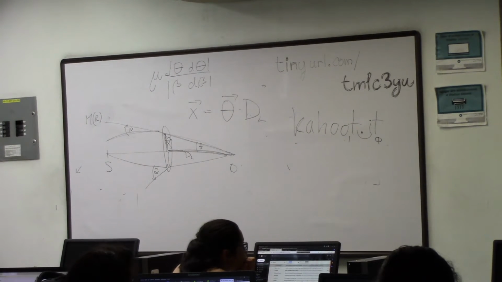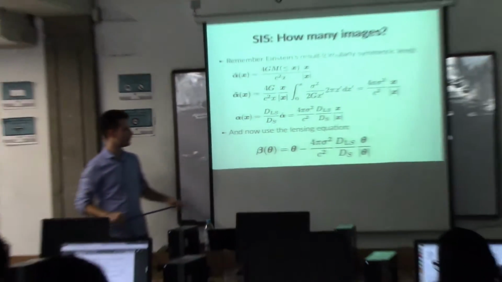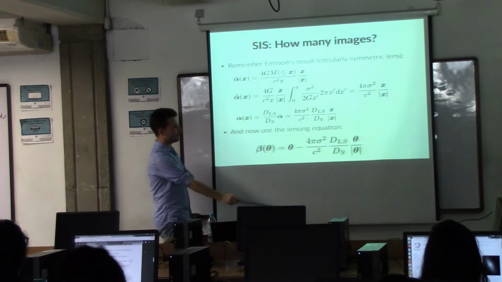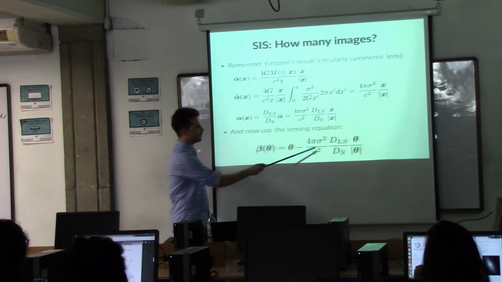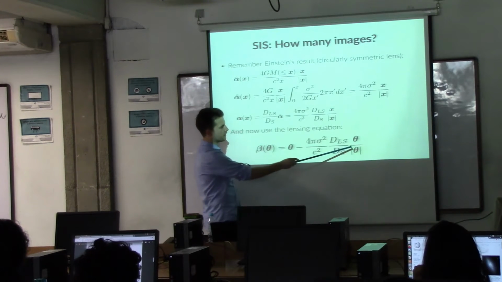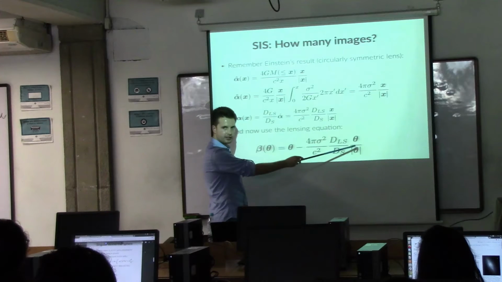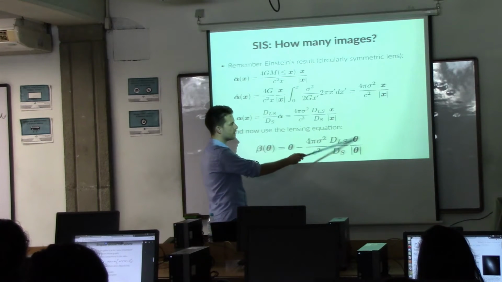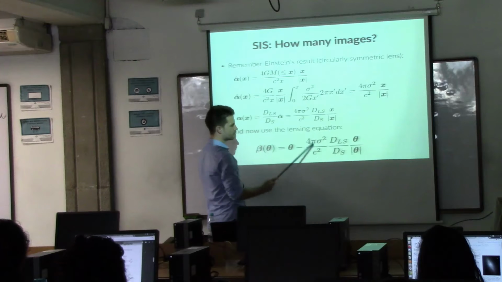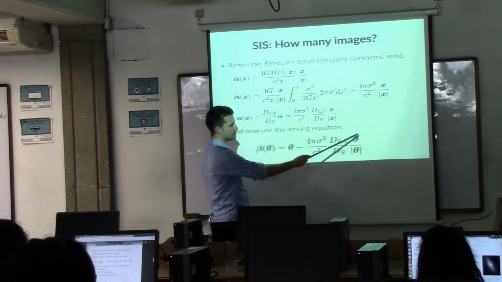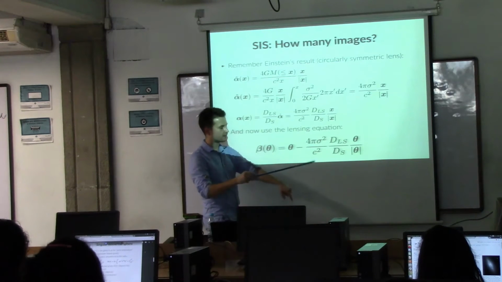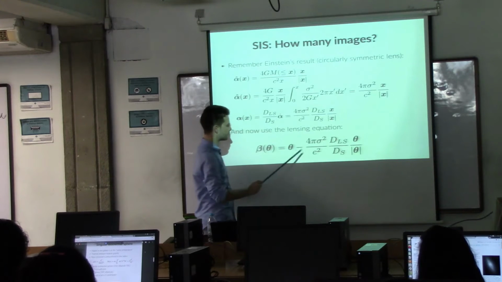So what we are left with is actually a pretty simple lensing equation. Theta comes in here. This term over here only depends on the direction of theta. So if theta is positive, this term stays negative. If theta is negative, then this term becomes positive.